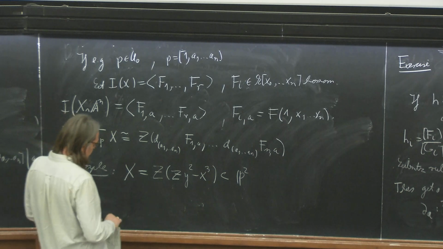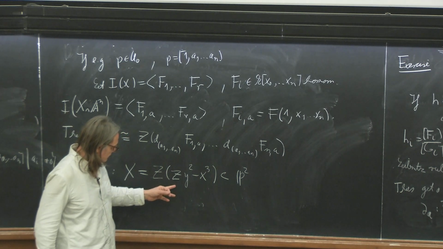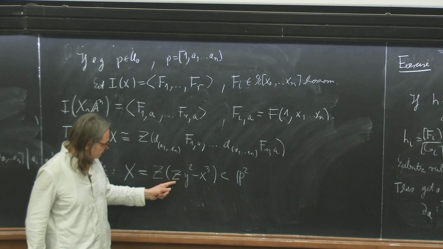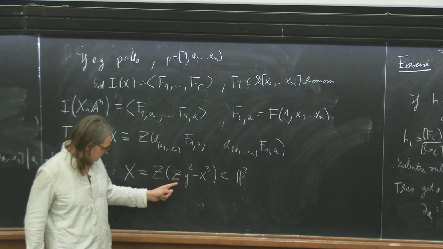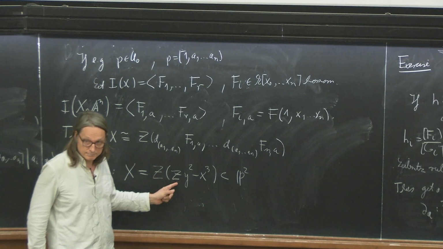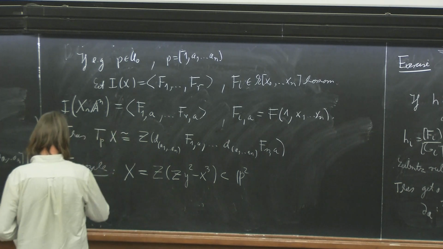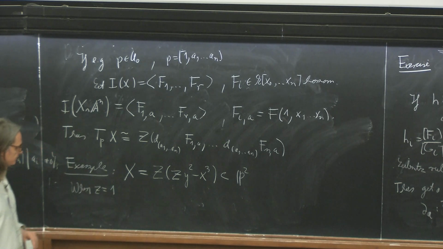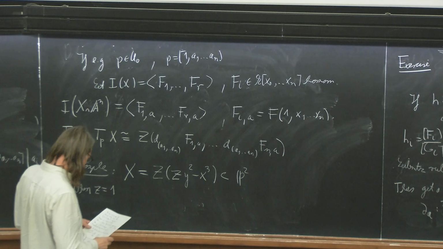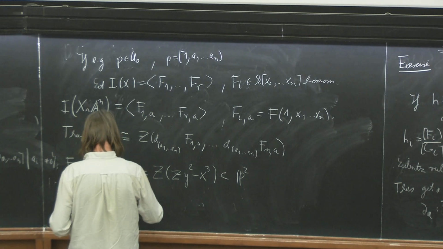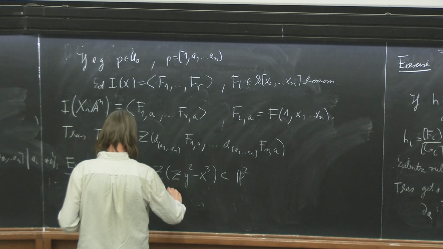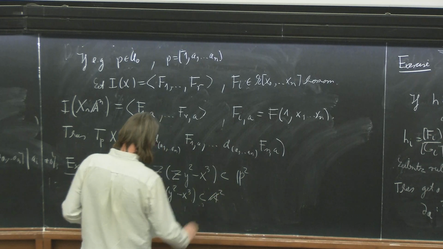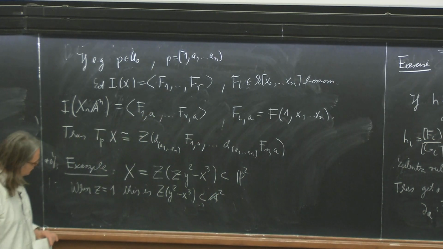So we have one chart, where Z is for me now the zeroth coordinate, when Z is non-zero, then I can normalize Z to be 1. So when Z is equal to 1, then we are in the chart U_0. This is the zero set of y squared minus x to the 3 in A^2, and this is our usual cuspidal curve.